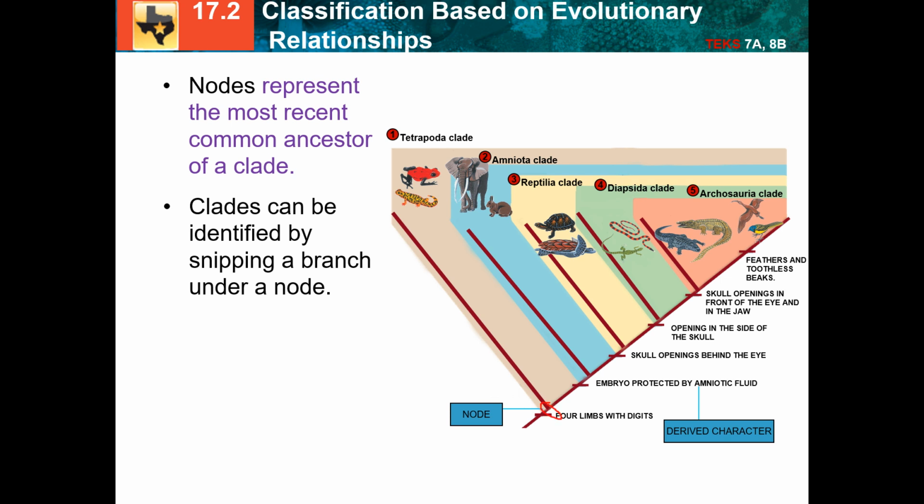The node refers to that common ancestor. This is the common ancestor that all of these organisms share. This is the common ancestor that all of the amniota clades share. This node is the common ancestor that all the reptilia clades share.